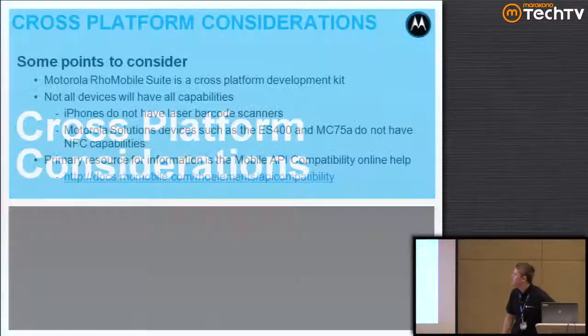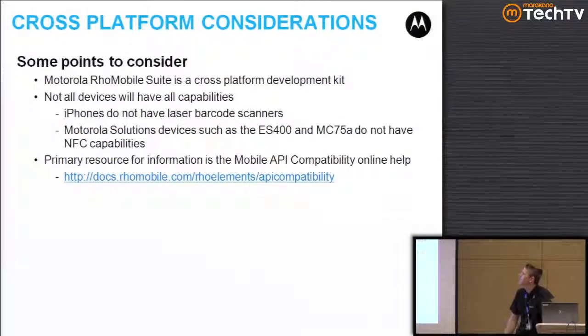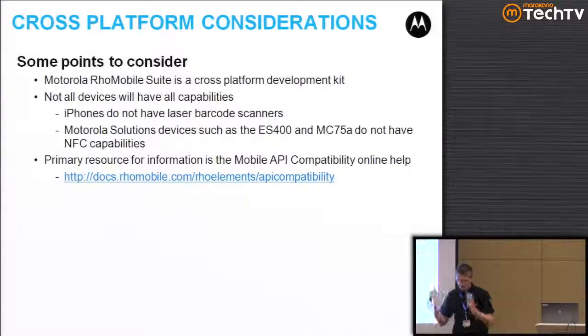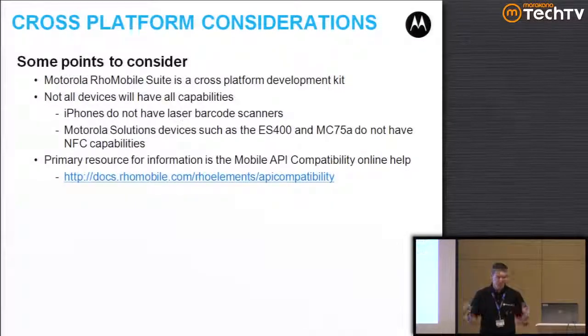Okay, right, so cross-platform considerations. Again, this is something I wanted to mention briefly. So you heard from marketing, from Mark, from everyone, and I'll say it as well. This is really write once, run anywhere software, what you're doing here with RhoMobile Suite. But you have to have some basic common sense considerations here.